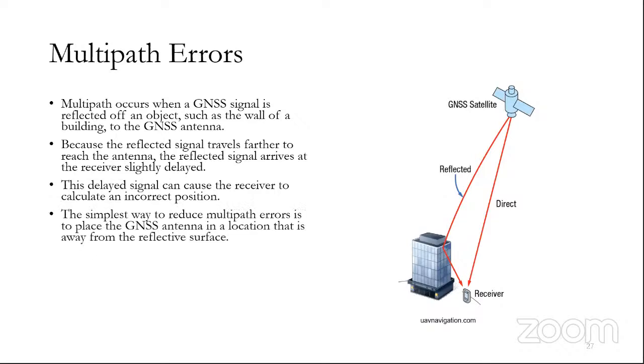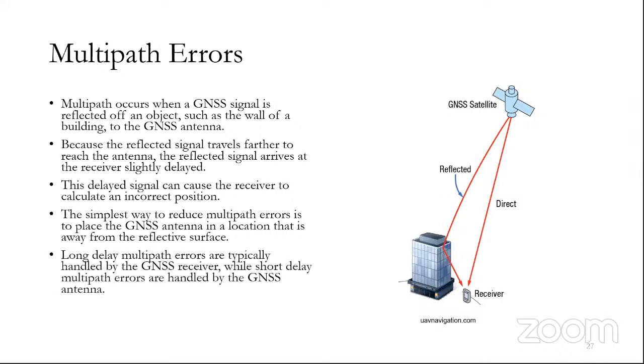The simplest way to eliminate this would be to set a threshold. So let's say the receiver will not receive any GNSS signals that are less than 30 degrees of elevation. Otherwise, you can move the antenna or the receiver to somewhere that does not have a lot of reflections, for example, in urban regions with a lot of buildings or in mountainous regions.